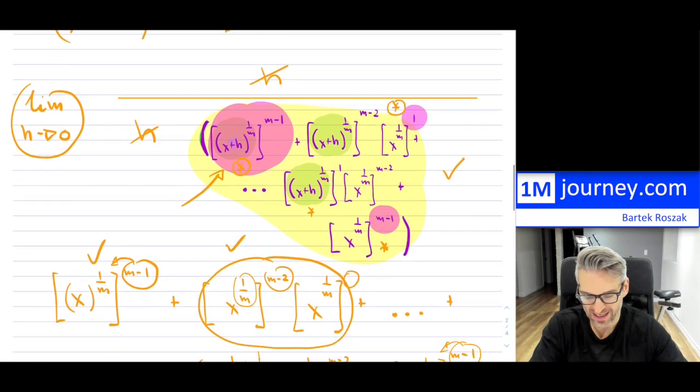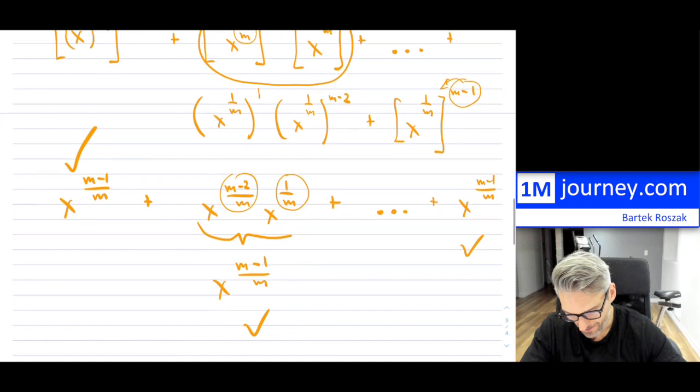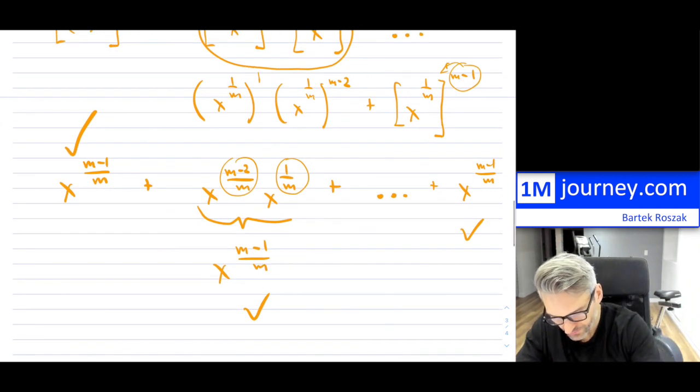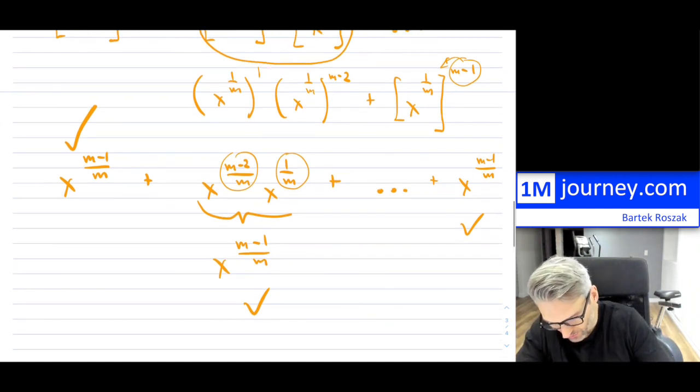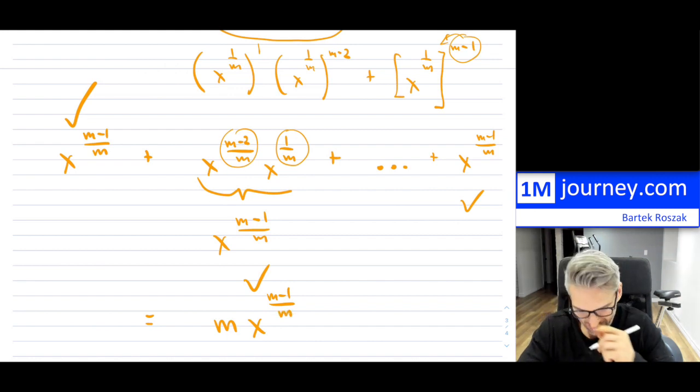So I actually have m terms here. I have m of these. So all of this is just equal to m times x to the m minus 1, all over m.